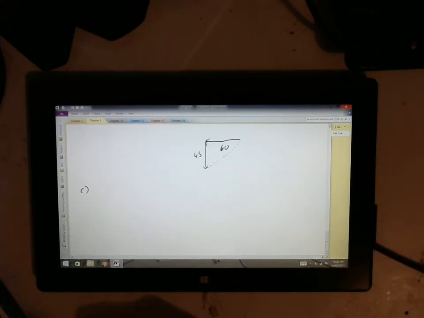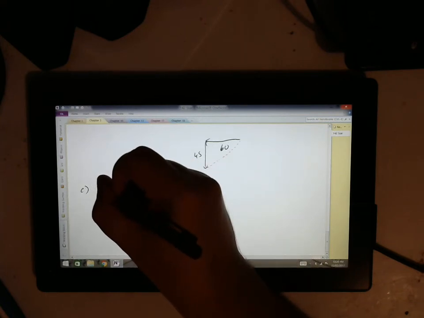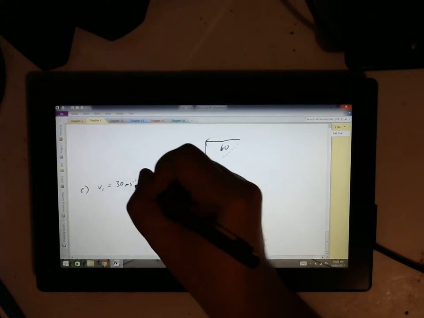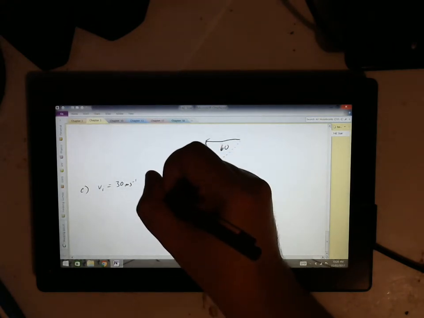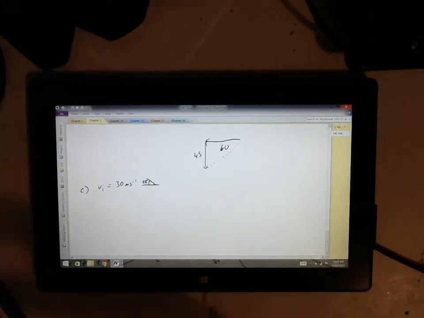C. A cricket ball strikes the pitch at a speed of 30 meters per second at an angle of around 28 degrees, and bounces up at an angle of 35 degrees at a speed of 25 meters per second. Same sort of thing, just a little bit more complicated. Let's start off with our initial: VI equals 30 meters per second, going at an angle of 28 degrees off the ground. I'm just going to draw the vector to help us see that, because we haven't really covered up-down directions.